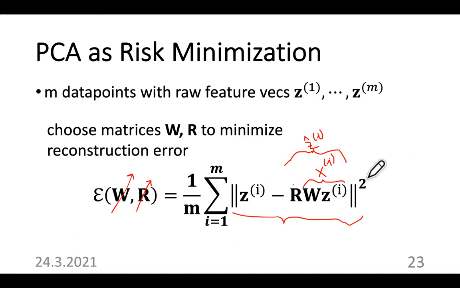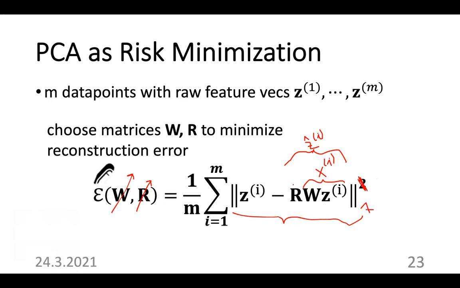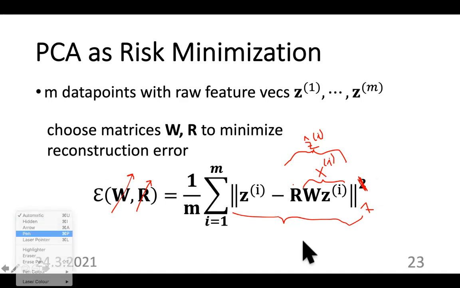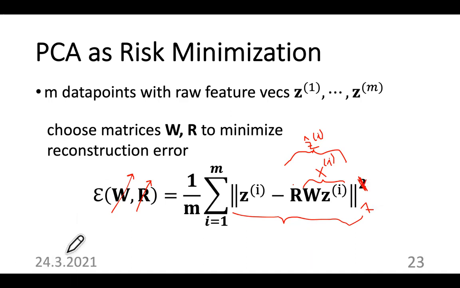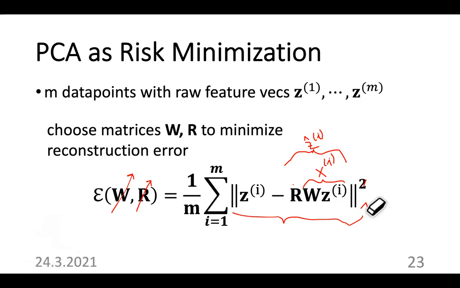Well, we could choose a different norm, or instead of the squared Euclidean norm, just use the Euclidean norm. Or use the one norm. So robust PCA methods are obtained by using different norms here. The standard PCA is using the squared Euclidean norm. But we can obtain robust PCA methods by using a different norm here, or using not the squared norm.